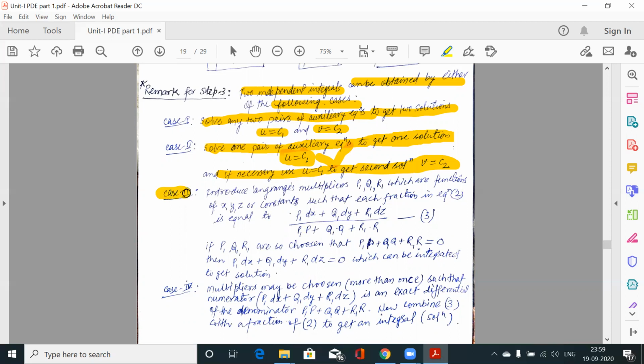Next, third case. Now if you remember, in I think 9th or 10th standard you have studied the properties of fractions. If you have a upon b is equal to c upon d is equal to, suppose, e upon f.